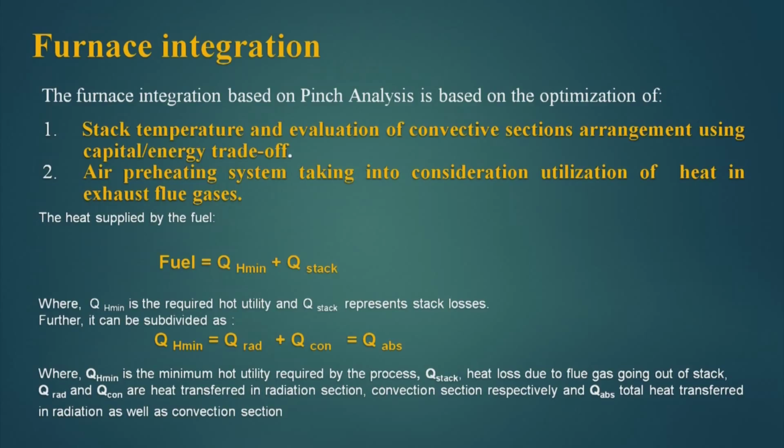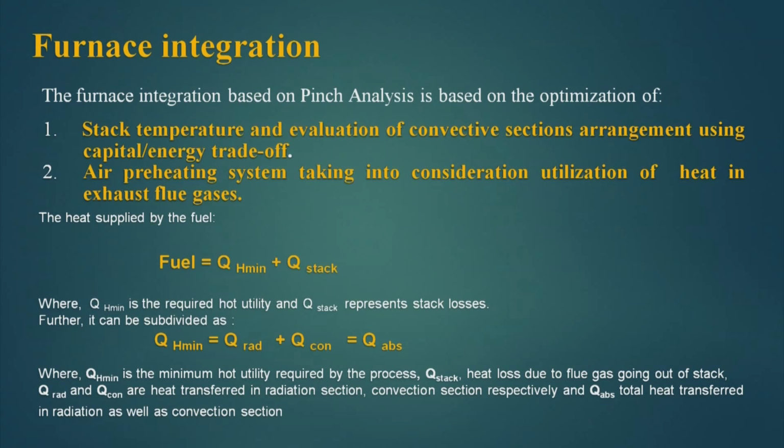When we are designing, we assume a delta T minimum, and for that a QH minimum can be computed. We have seen in the super targeting that we can optimize the delta T minimum. So, based on that optimum delta T minimum, we can also find out a QH minimum. Now, the fuel which will be burned in the furnace will supply the QH minimum plus the stack losses.